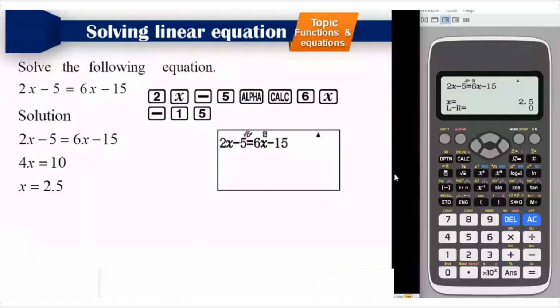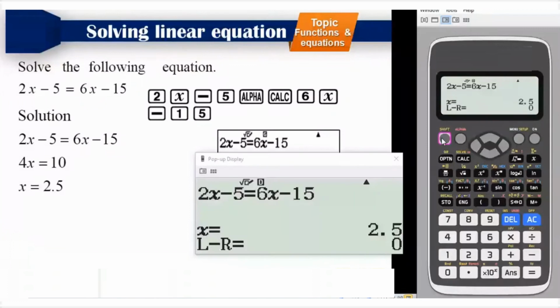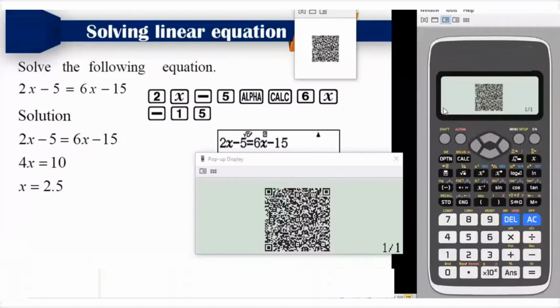We are also now aware of the fact that if I press shift and OPTN, I will get a QR code. Since this calculator is allowed in exams, it does not show the graphical representation.